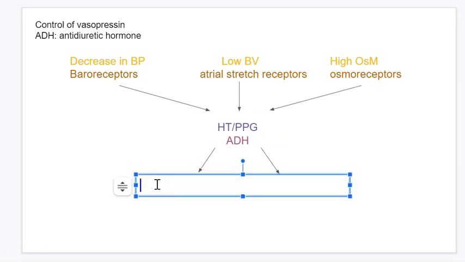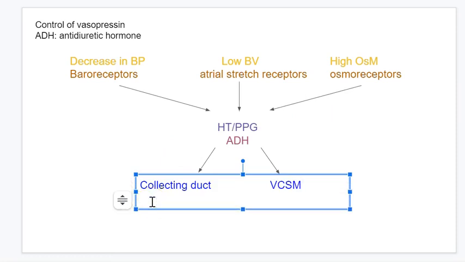So ADH has two target tissues, the first one being collecting duct epithelium, so really the renal collecting duct. And the second target tissue is vascular circular smooth muscle.